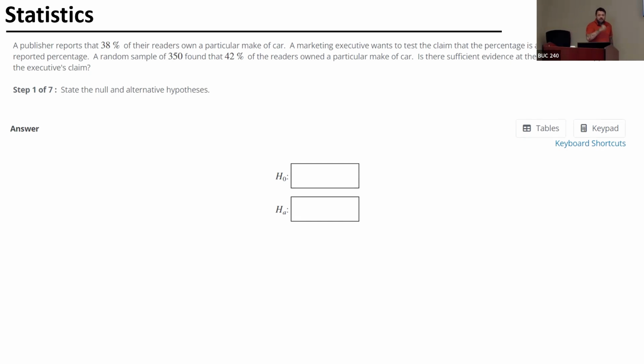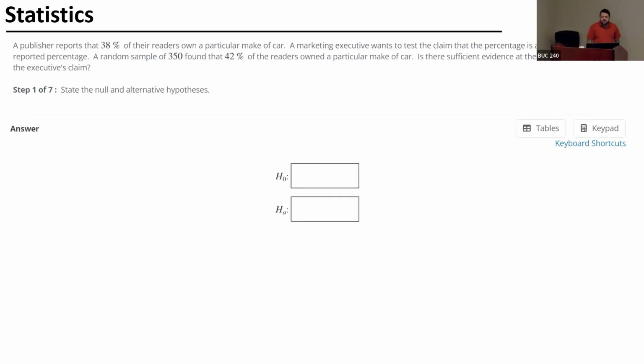A publisher reports that 38% of their readers own a particular make of car. That's telling me we're dealing with a proportion. Automatically, I'm in either 8.4 or 10.4. I don't know what the rest of the question says, but that's where my brain went, because I'm dealing with proportions.